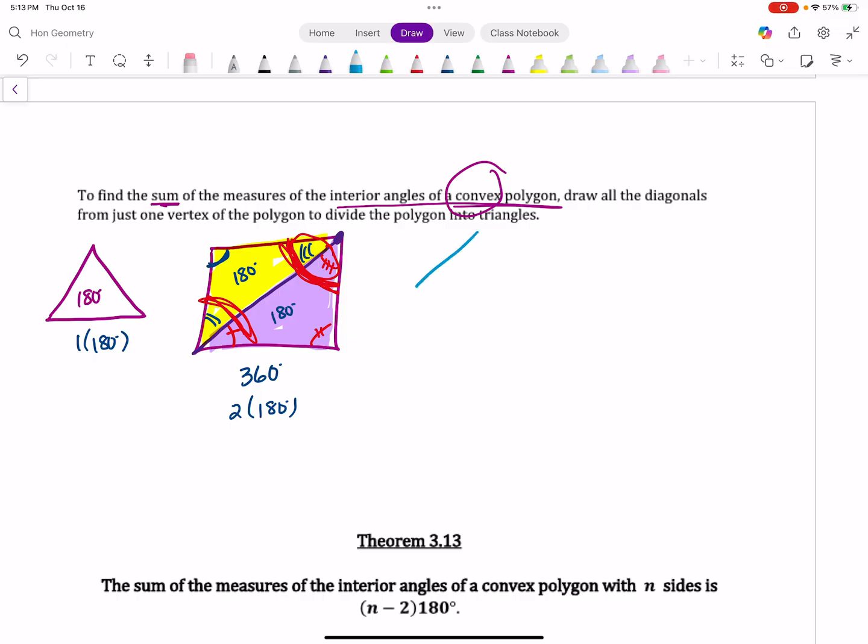So let's do a pentagon. And again, we're just going to pick a corner and draw every diagonal that we can. And then we've divided it into three triangles. So there's 180 degrees in this one, and 180 degrees in this one, and 180 degrees in this one, which means I've got three of the 180s, which gives me a total of 540 degrees.